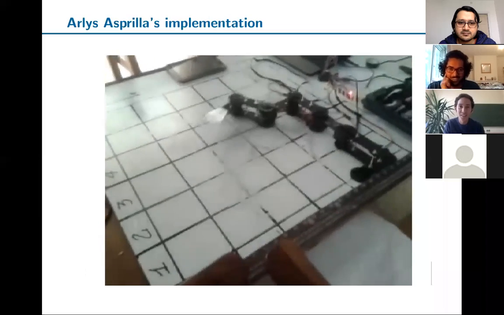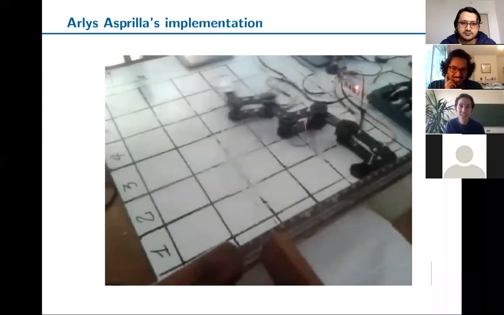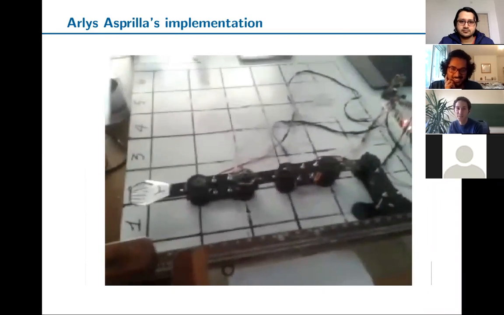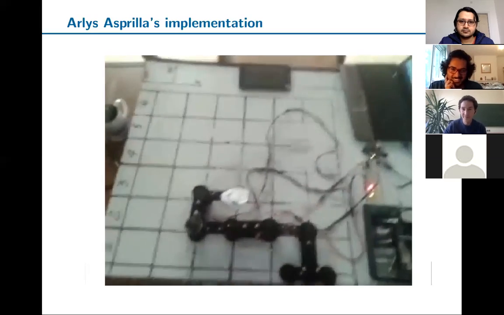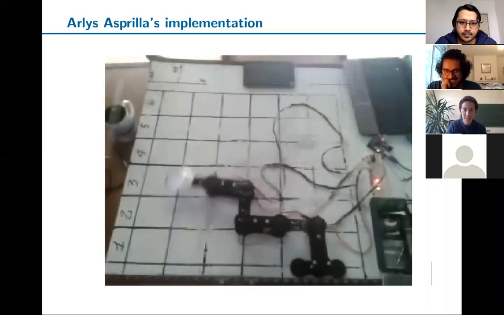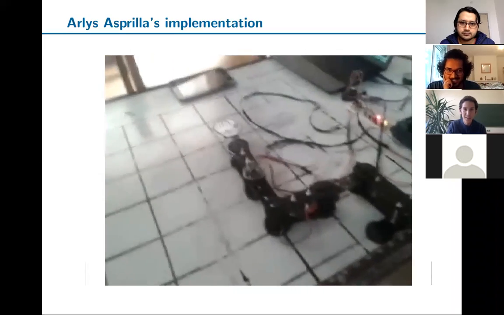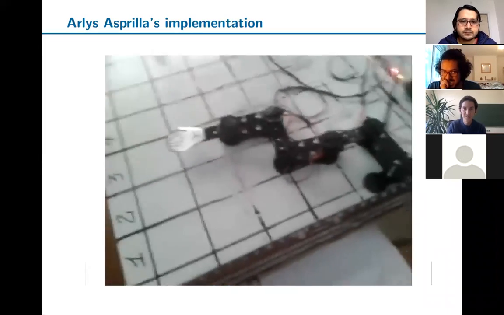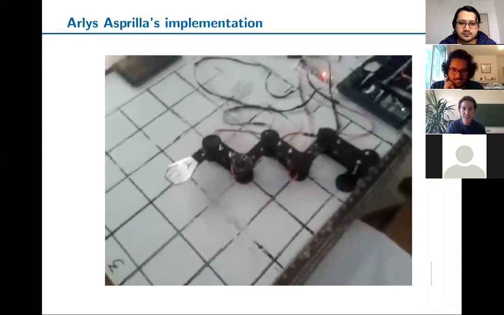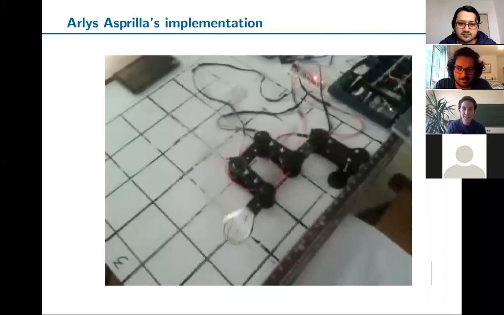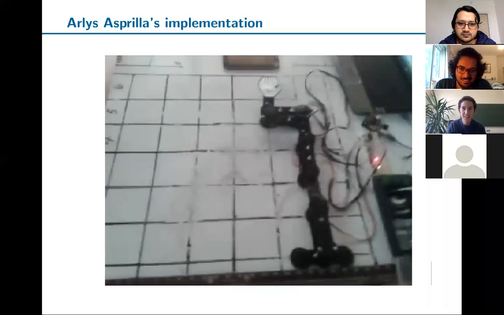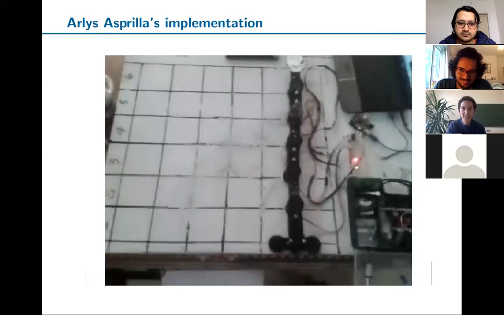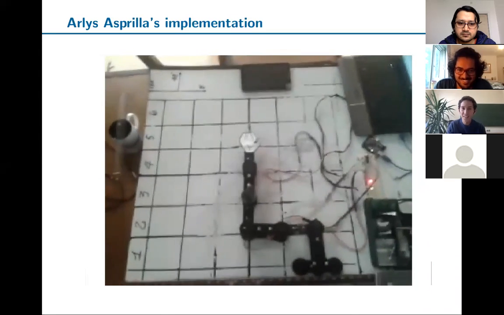So here is how the robot looks like. This is a really nice robot.